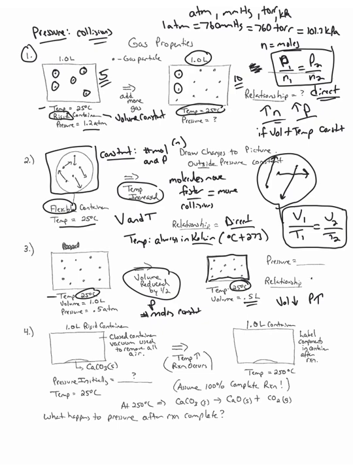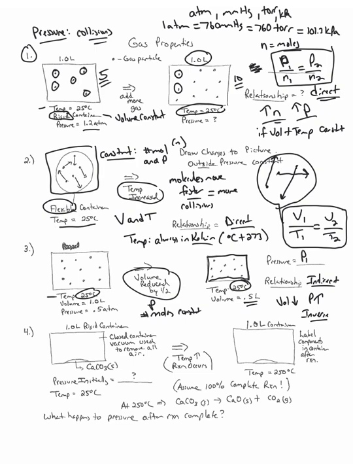So there's an indirect relationship or an inverse relationship between volume and pressure. So the smaller a container, the more pressure there will be if the number of molecules of gas is left the same. So because it's an indirect relationship, it's not a proportion.